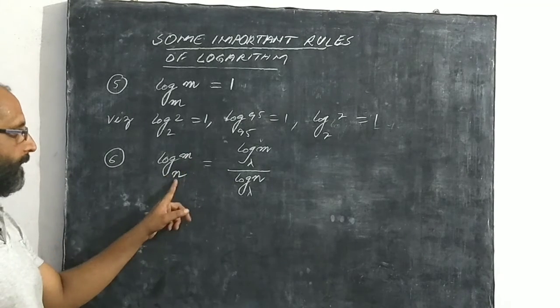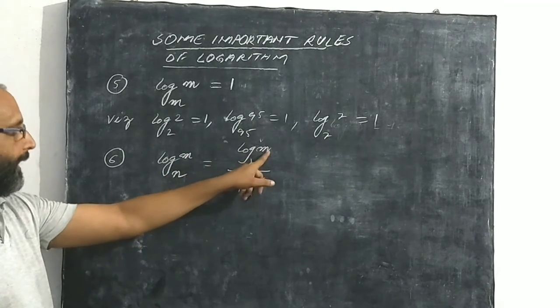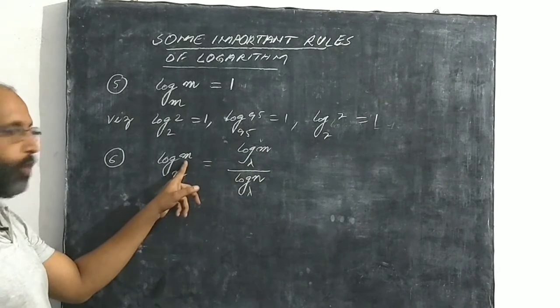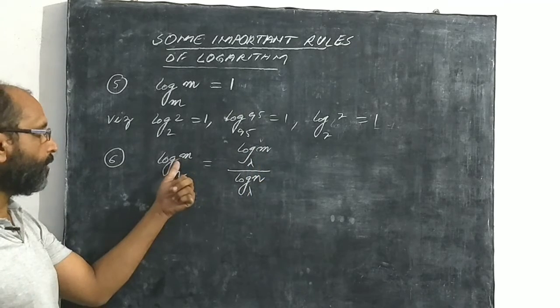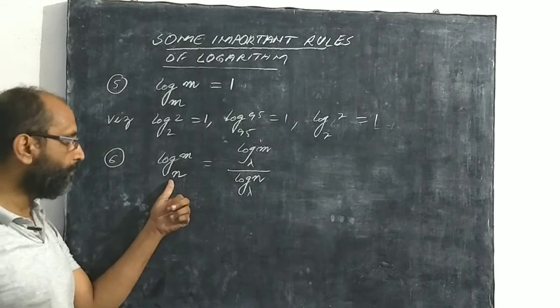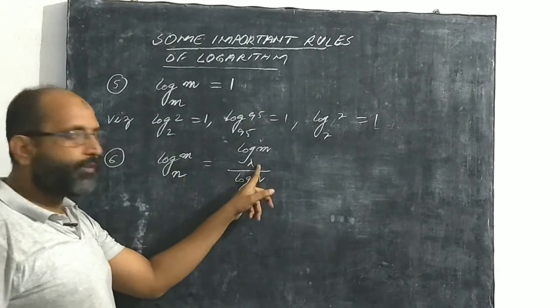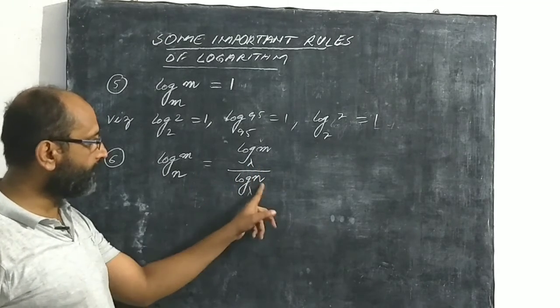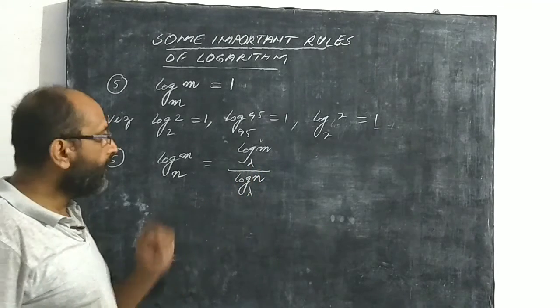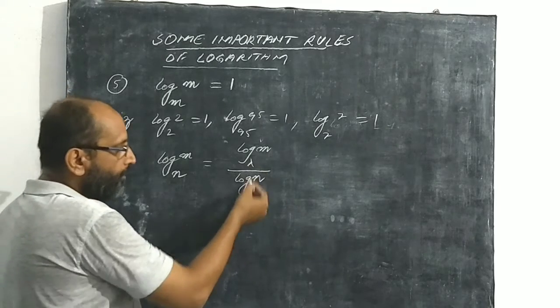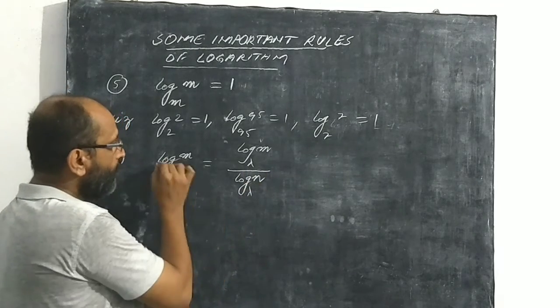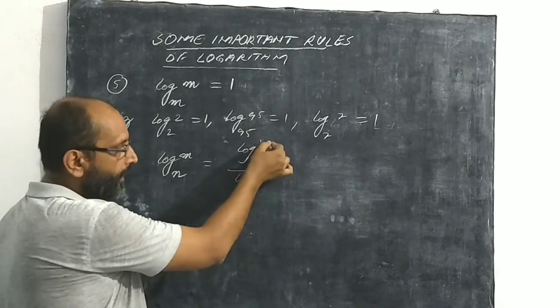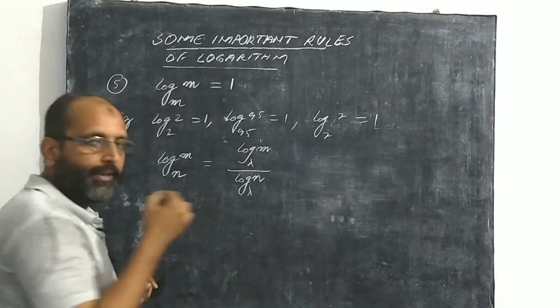Log m base n may be written as the log of the number with a different base lambda, divided by the log of the base with the same base lambda. That means we may take a common base for both the logs, and log m base n may be written as log m upon log n.